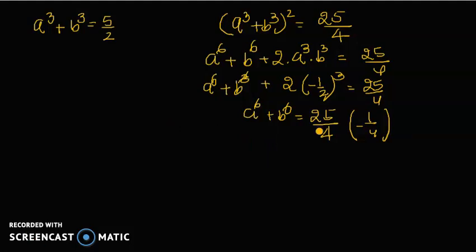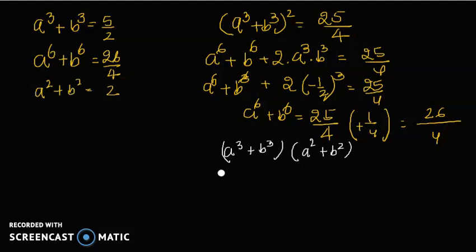Minus 1 by 4 is in the left hand side, so when it goes to right hand side it becomes 1 by 4, and when you add it, it is 26 by 4. So we finally got a raised to power 6 plus b raised to power 6 equals 26 by 4.